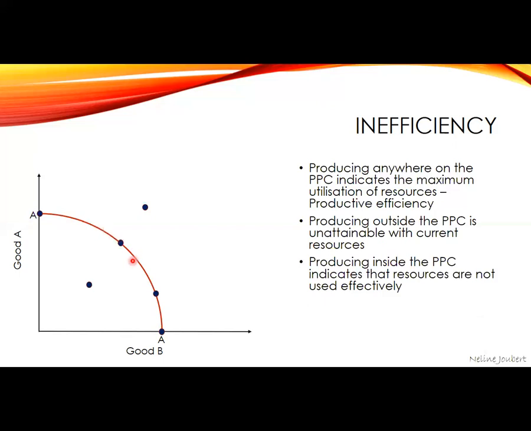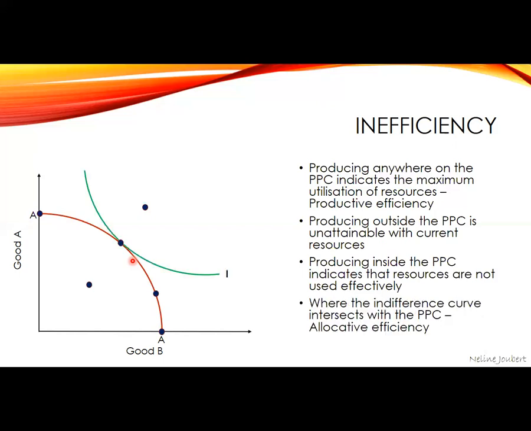How do you choose? And this is where your indifference curve comes in. An indifference curve looks at the combination of goods which will give consumers the same level of satisfaction. They don't care.